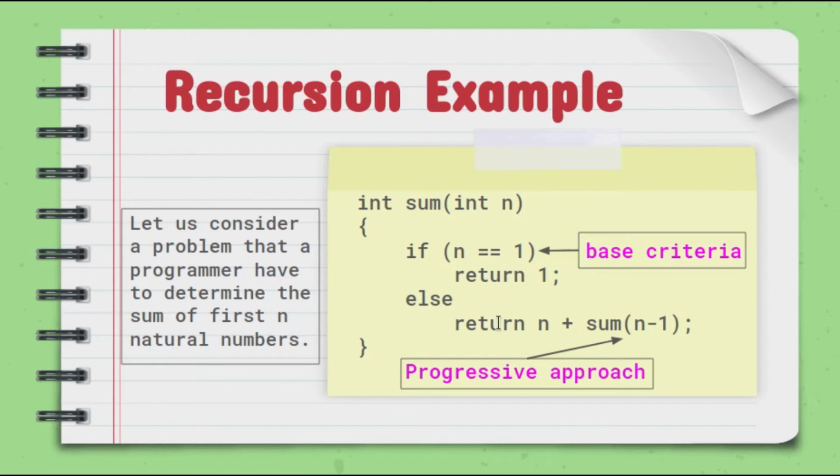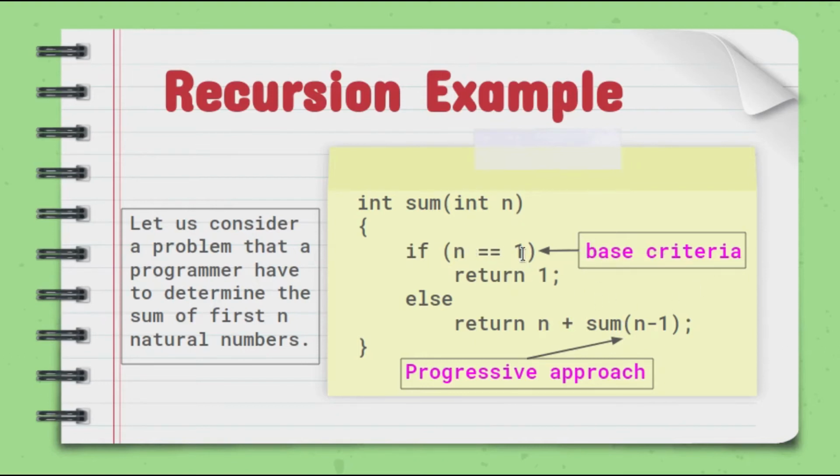Else, if not, return n plus sum of n minus 1. That is, it's going to return n and then call that function again, but now with n minus 1. So it's going to subtract till we reach 1, and then in the returns. This one is actually the base criteria.